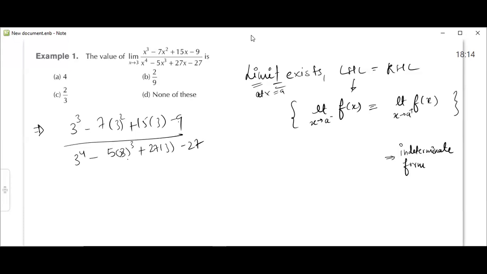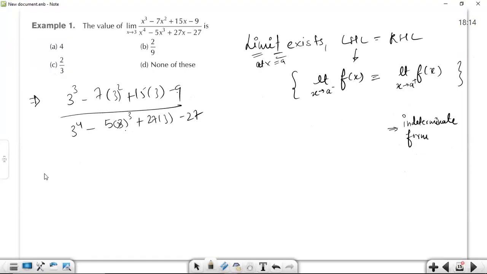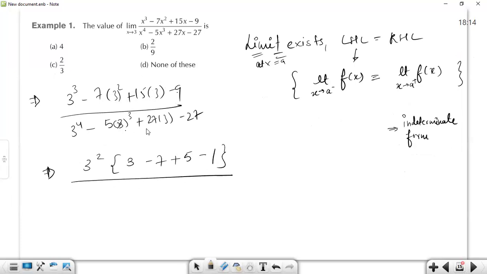Now let us take 3 square common from the numerator. As we can see, we can divide all of the terms by 9, so 3 square is common. 15 by 3 is 5, and 3 by 3 is 1, minus 9 by 9 is 1. Here we can take 3 raised to power 3 common, because 27 is 3 raised to power 3.